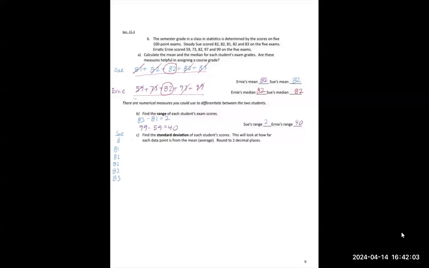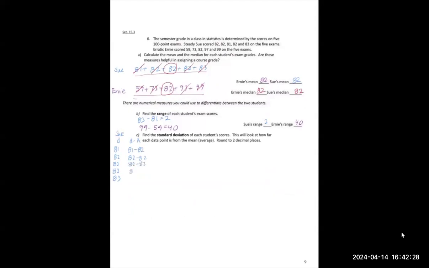Now we're going to calculate D minus A, which is the data value, 81, minus the mean, which we saw up here is 82. So minus 82. Then we take the second data score, which is 82 minus 82. And it's 82 minus 82 again, the third data value.